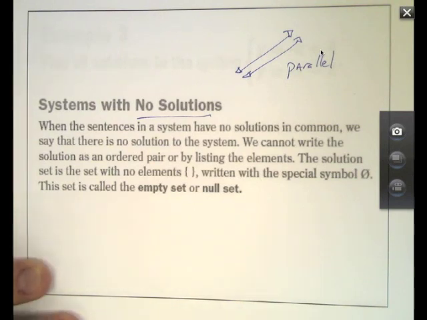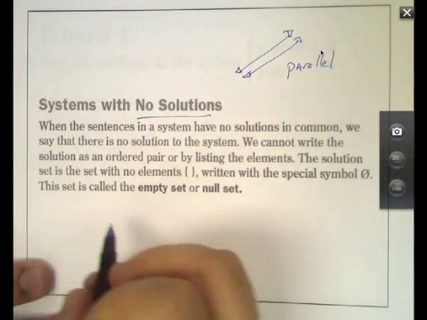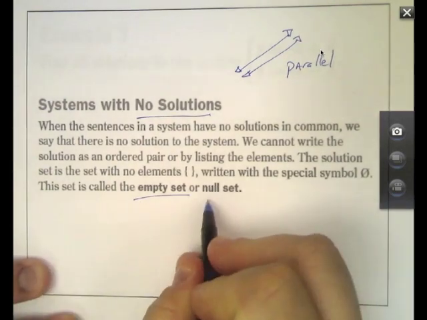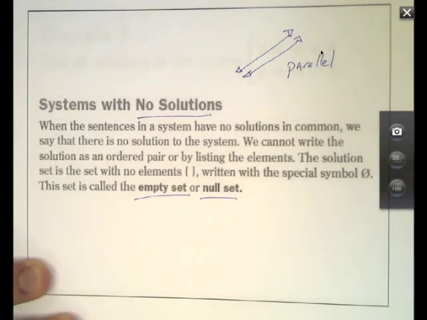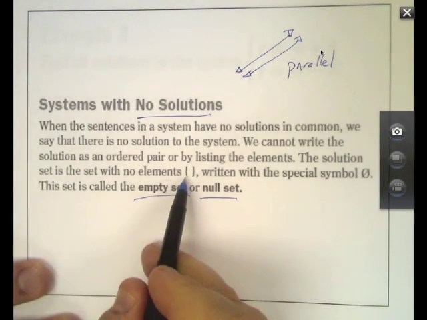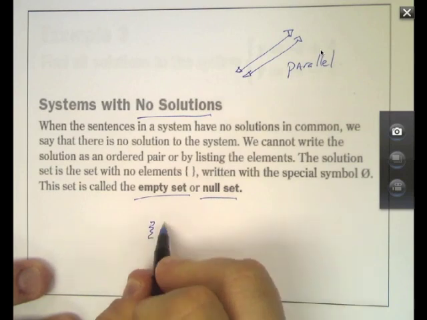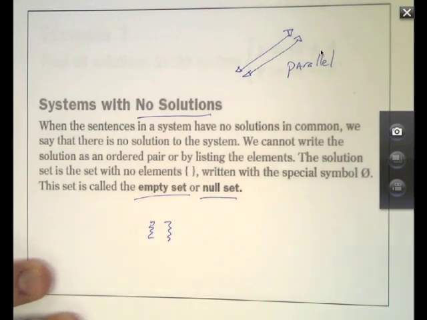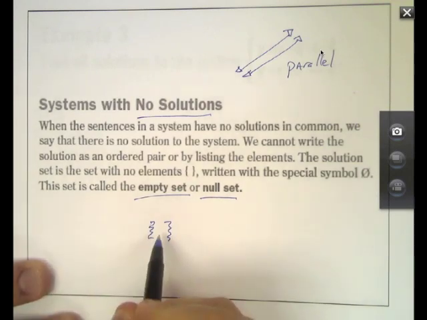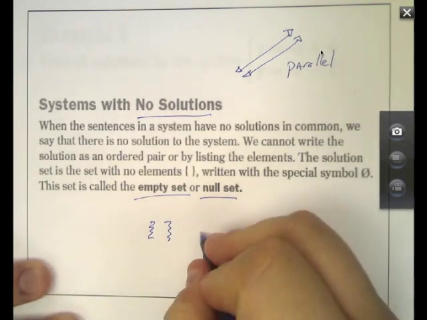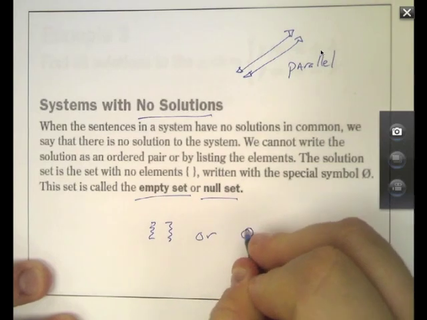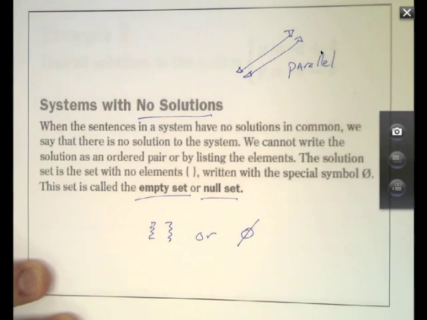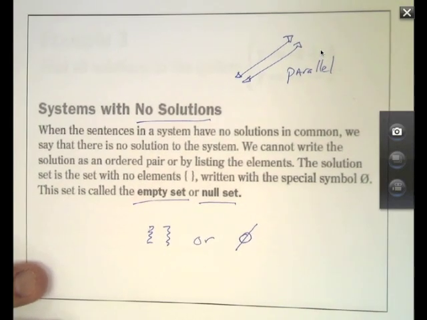If you get two lines that are parallel with no solutions, we call that the empty set, or what is called the null set. And how you signify that is you just make two brackets that show there's nothing in it, it's empty, hence empty set, no solution, or you make a little circle with a cross through it, and that signifies no solution as well.